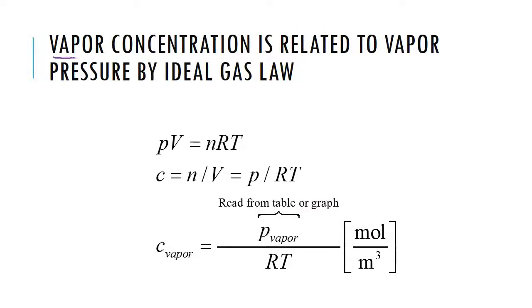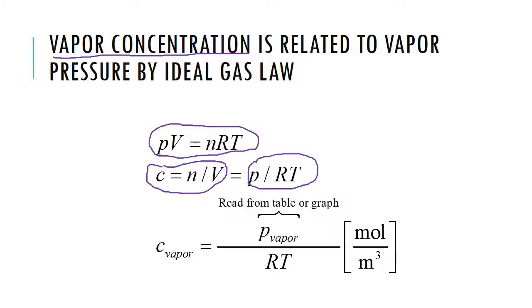Once we get the vapor pressure, from the vapor pressure we can find the vapor concentration using the ideal gas law this way. If I write the ideal gas law, PV equals nRT, then concentration, defined as moles per unit volume, is equal to P over RT. So that's my concentration.